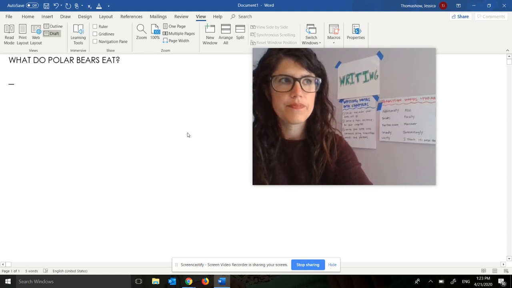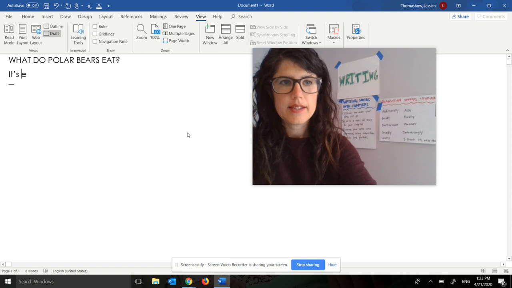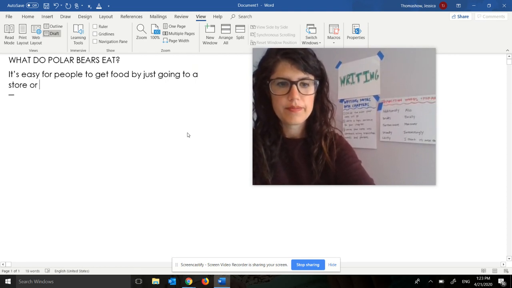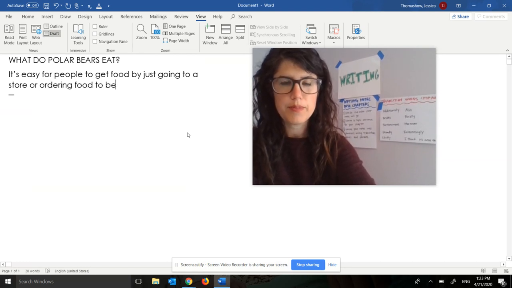Like, it's easy for people to get food by just going to a store or ordering food to be delivered. It's not so easy for polar bears.